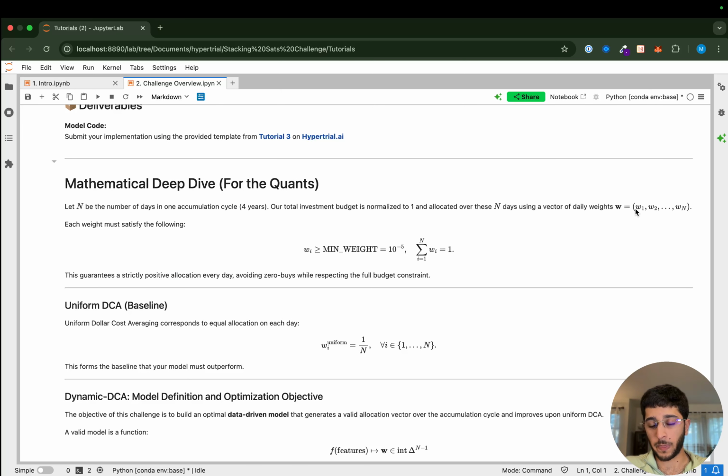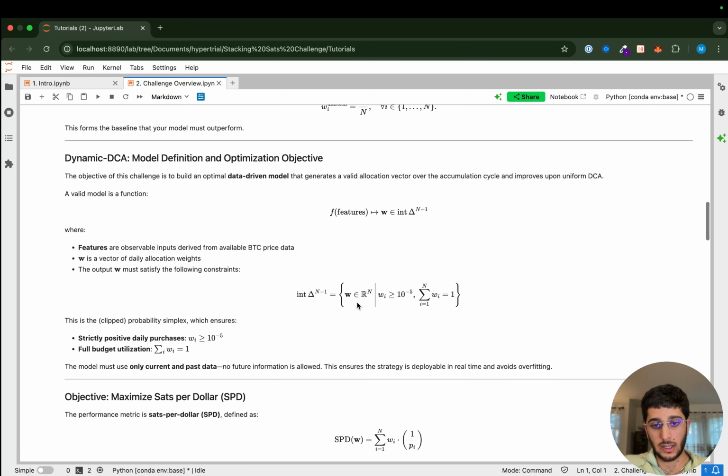We have a weight for each day in our accumulation cycle, because we said there's going to be n days in that accumulation cycle. And we have the exact same constraints from the previous part of the challenge, where each day we have to purchase some minimum amount, and we must use up our entire budget over all those days. So all our w_i should sum up to 1.